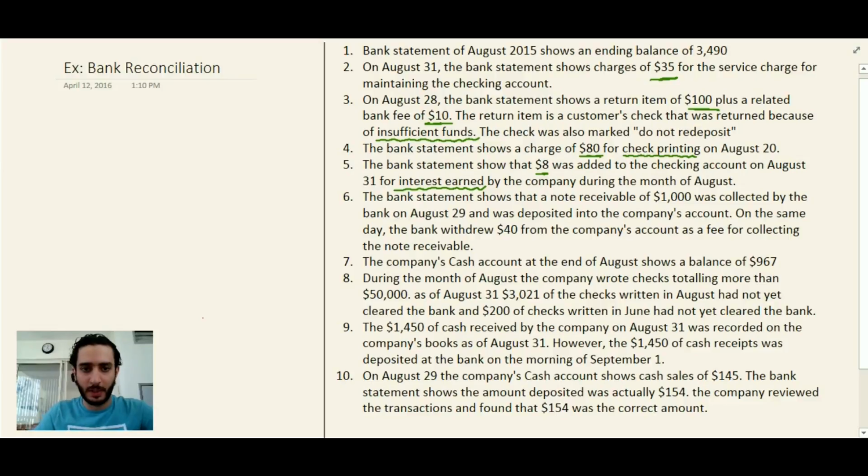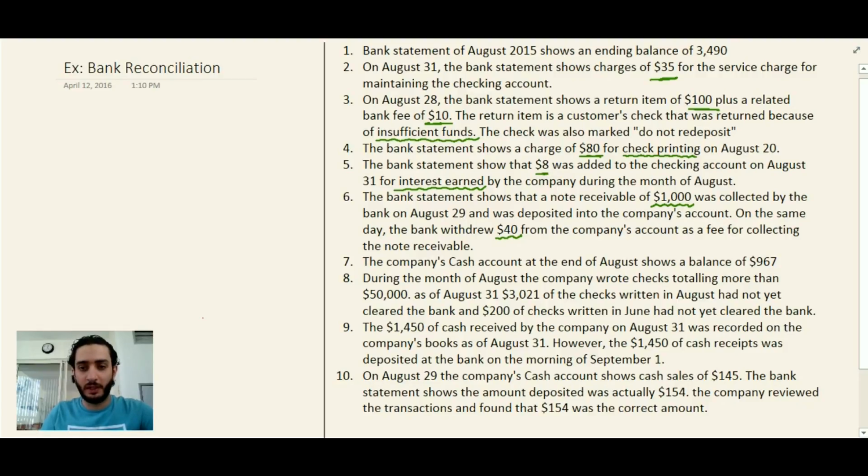After that, the bank statement shows that a note receivable of $1,000 was collected by the bank on August 29th and was deposited into the company's account. On the same day, the bank withdrew $40 from the company account as a fee for collecting the note receivable.